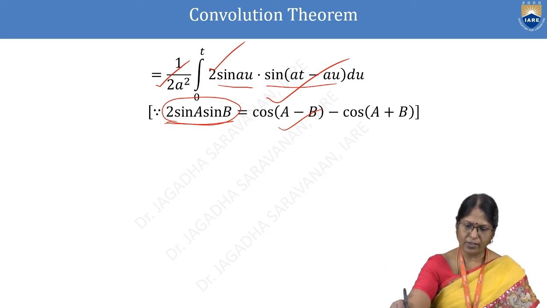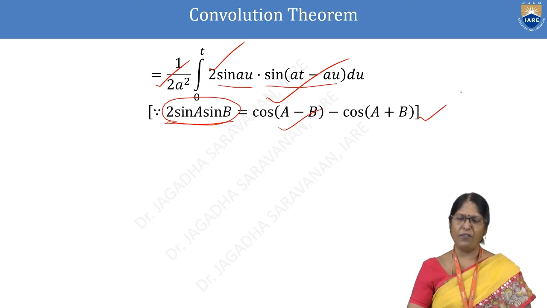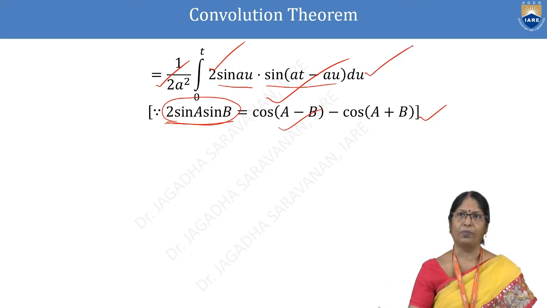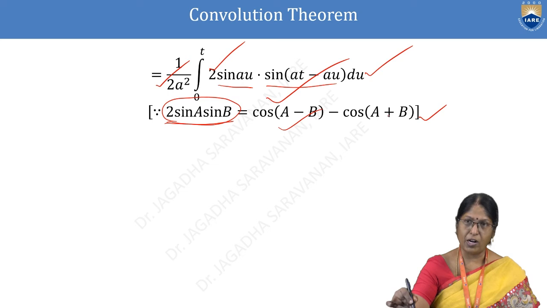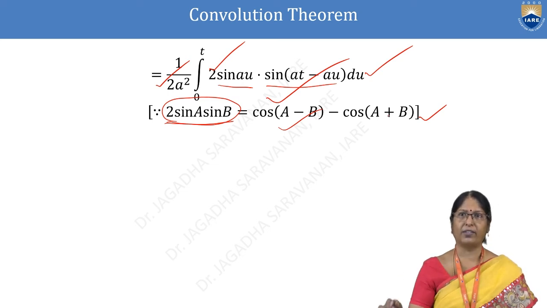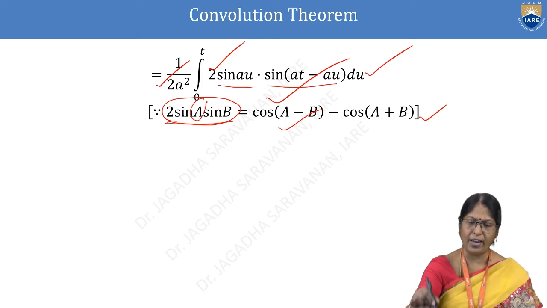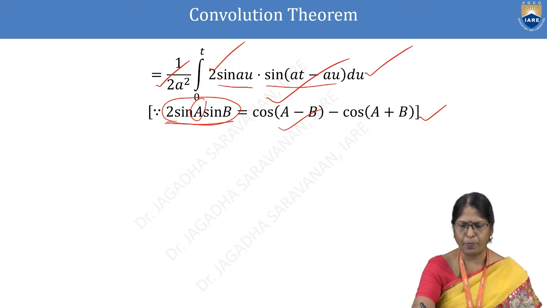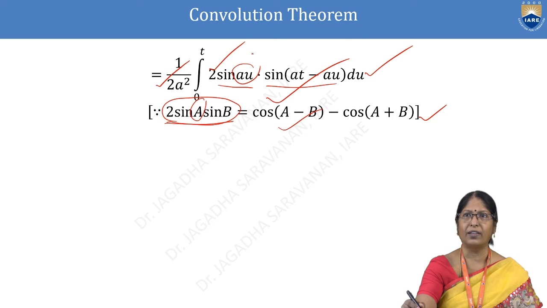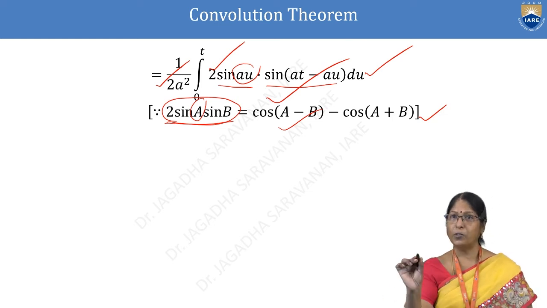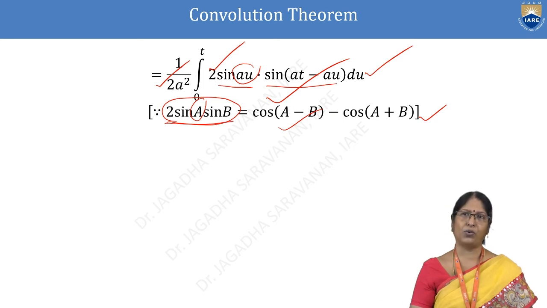Now, with this trigonometric formula, we will compare with our problem. In the formula, capital A is there. What about our capital A in our problem? In our problem, our capital A is au. This point should be very clear to us.